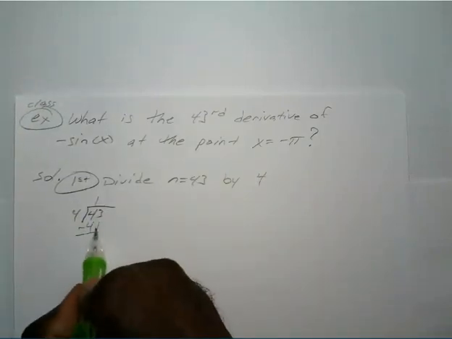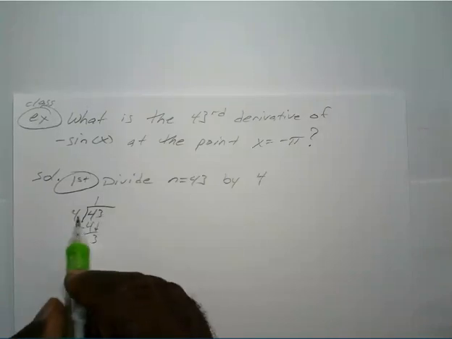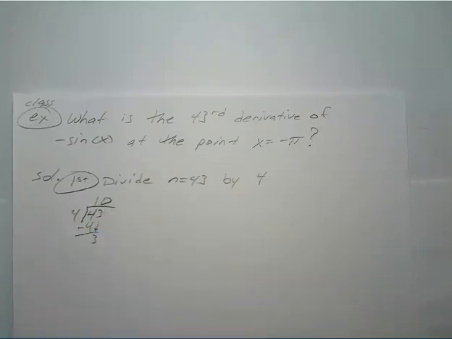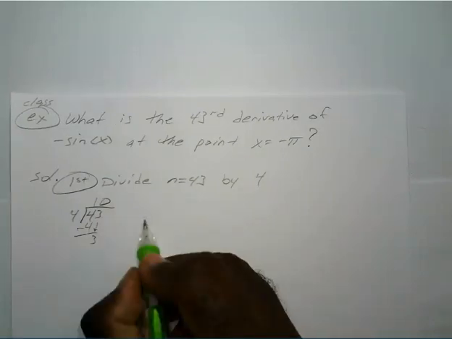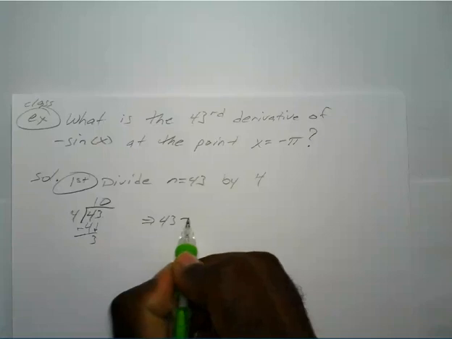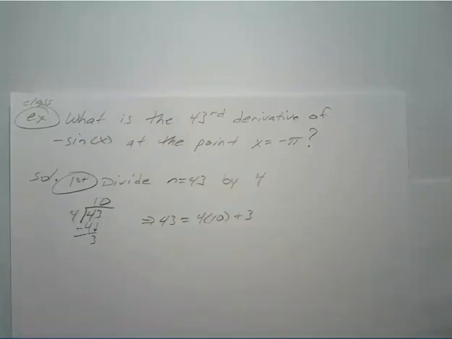We get 0, bring down our 3. 4 doesn't go into 3, so we just put 0 there. So that's why we brought down our 3. So that means that 43 is equal to 4 times 10 plus 3.